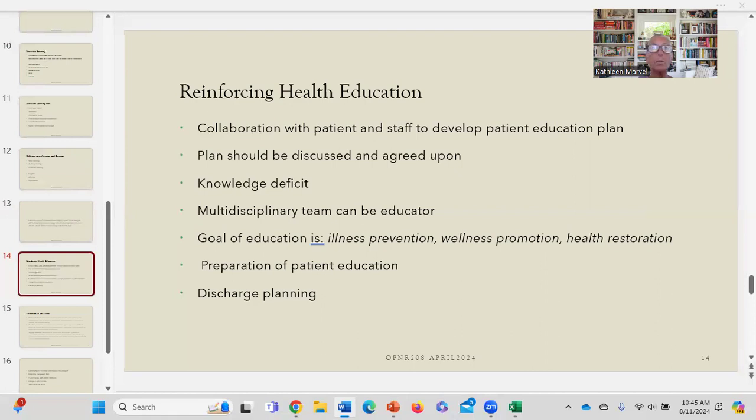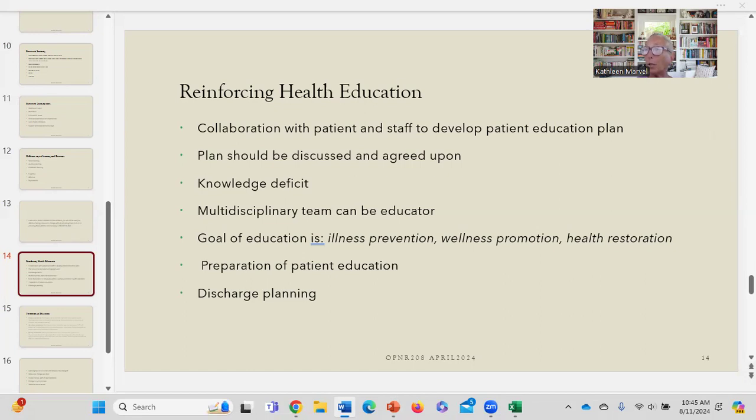If you have somebody that has a complex chronic illness, and you're trying to do discharge teaching in preparation for them to go home, who needs to be involved? What services need to be involved? There needs to be a collective group planning for this patient's discharge. Whatever the plan you come up with needs to be agreed by the client.